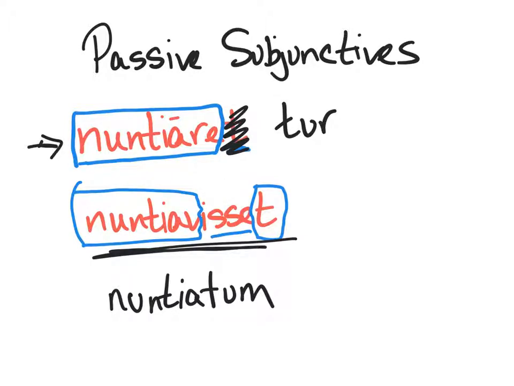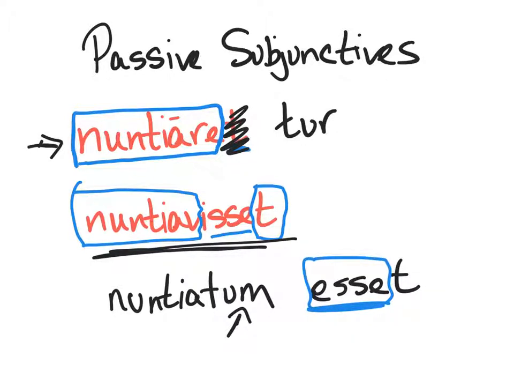There's the participle, I'm assuming it's neuter. And then the imperfect of sum. And since we're in the subjunctive, you need the imperfect subjunctive of sum, which of course is that infinitive plus a personal ending. So this is how you would say it had been announced in the passive subjunctive in Latin. This is the imperfect. It was being announced in the imperfect passive subjunctive.